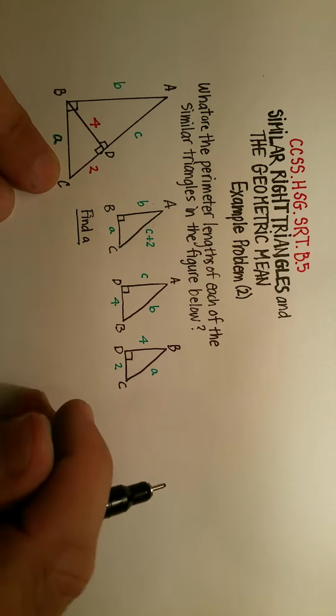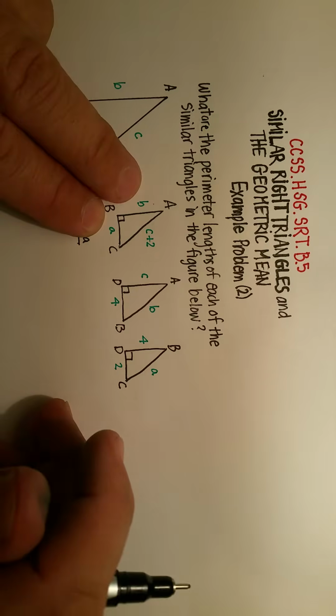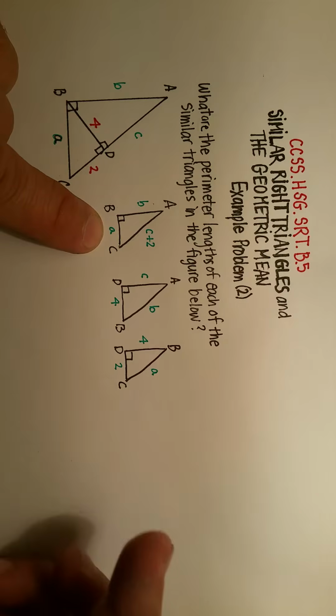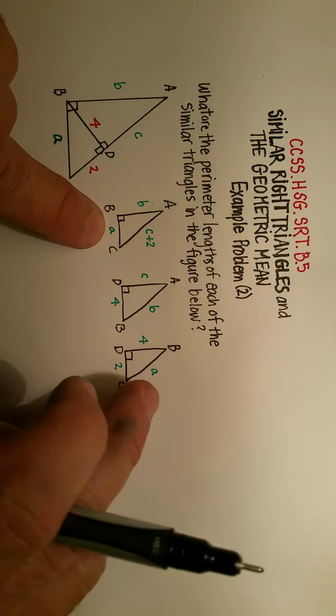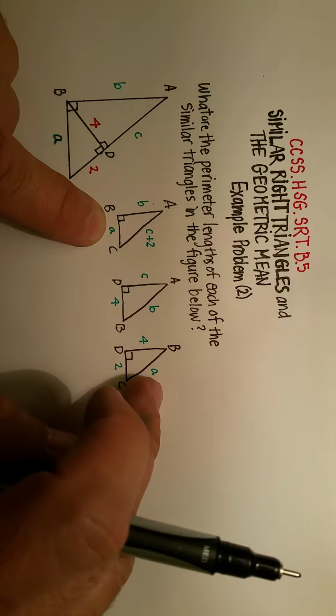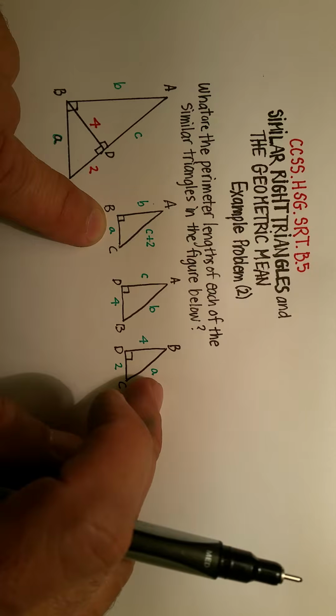So finding A, I want to be able to use the different sides that we have. So this side has A, this triangle has A, this triangle has A. So I could say, I only want to use one of the variables. So let's see, how could I do this?